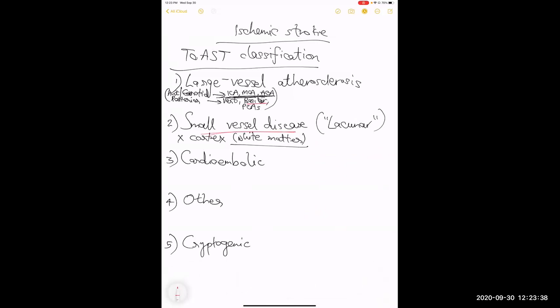The risk factors for both are the same, as I said before. Can I interrupt you? Yes. About the question about small vessel lacunar infarcts, you said that it could occur inside the capsule, meaning you have more of a pure motor kind of deficit. But you said it wouldn't involve the circulation in the basilar or the vertebral or any other thing.